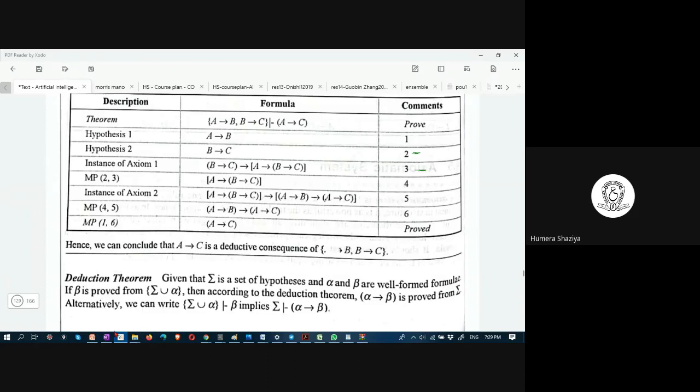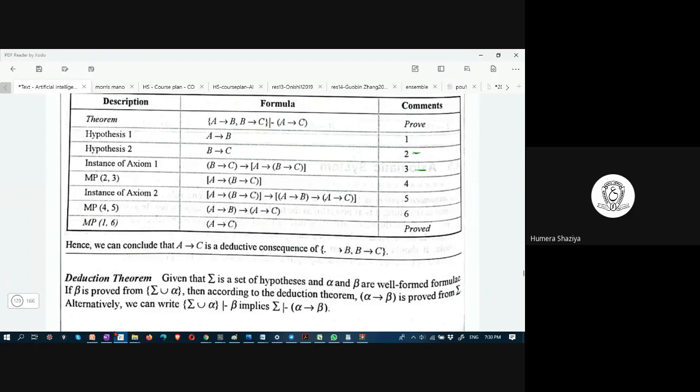B implies C implies A implies B implies C. When you consider both of them, then you are getting B implies C. When you remove this, if you consider these two as alpha, then you are getting beta. What is beta? A implies B implies C. This is beta. This is obtained from statement number 2 and 3 by the application of modus ponens.